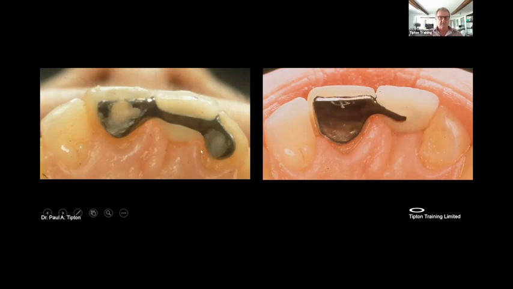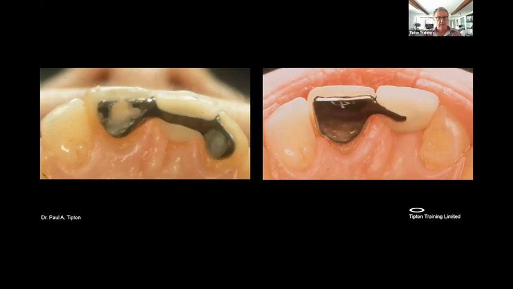When we do fixed bridge work, teeth have individual mobility. As soon as we splint them together, that mobility is reduced or eliminated. We have to understand the periodontal ligament is our friend. Mobility is our friend. Mobility is a stress breaker.